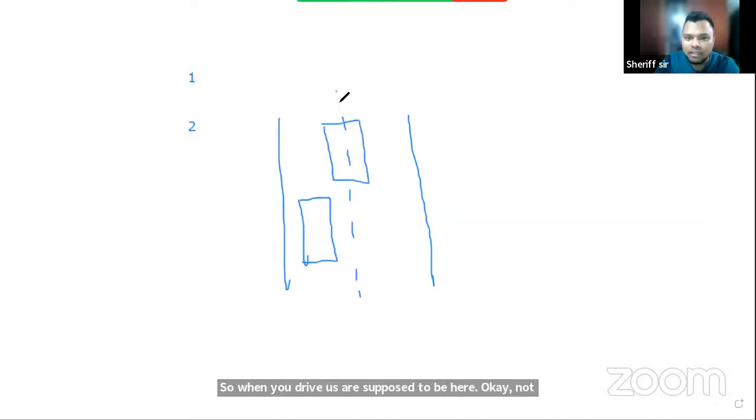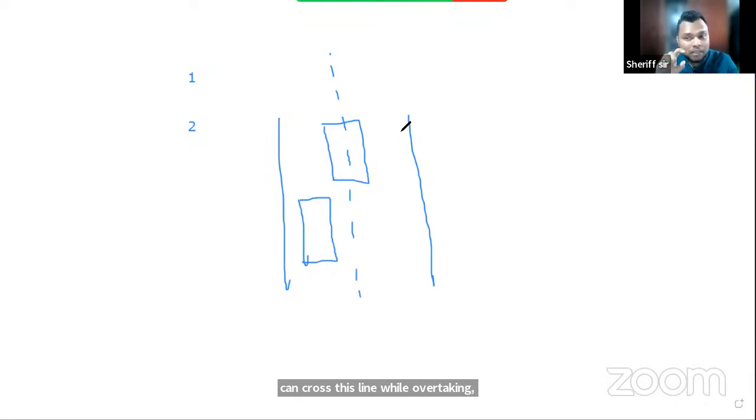But the rules say that when you are overtaking, you can cross this line and come to the right side and overtake a vehicle. So you can cross this line while overtaking.